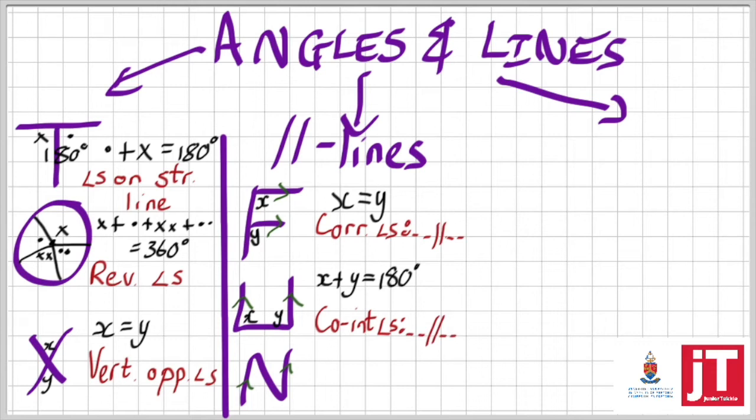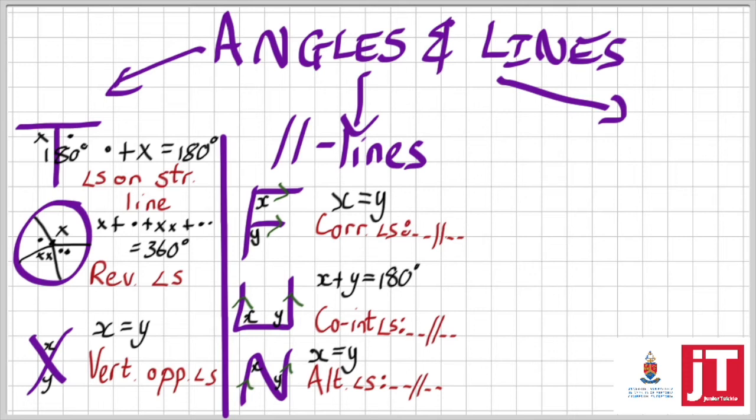Last but definitely not least is the N, which says that the alternate angles are equal to one another. Again, specify which sides are parallel. That is so crucial. If you forget to specify the sides, then you will not get the marks.